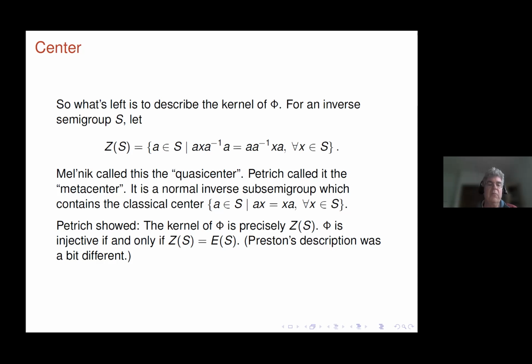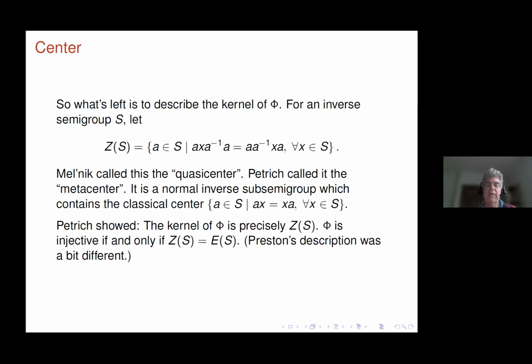This has been called different things. Melnyk referred to it as the quasi-center. Petrich called it the meta-center. It's a normal inverse subsemigroup, and it contains the so-called classical center, the set of elements that commute with everything.